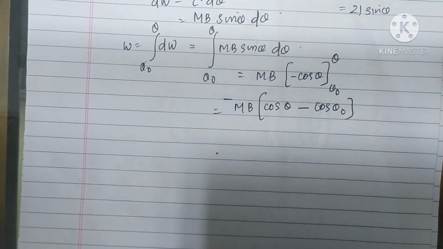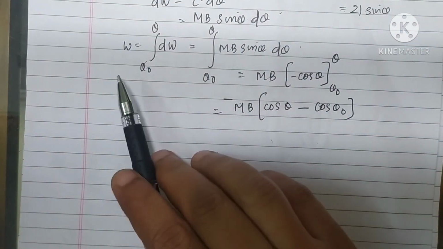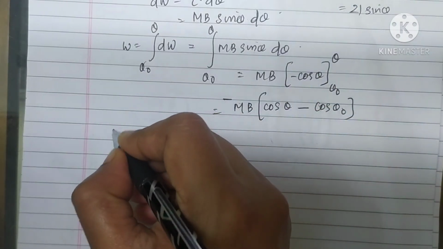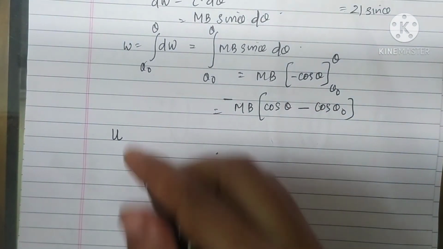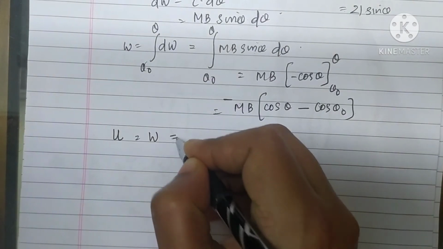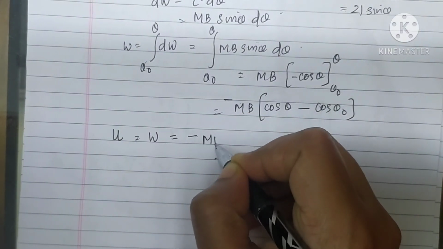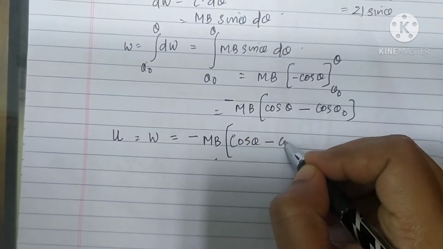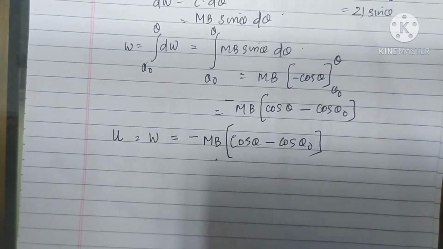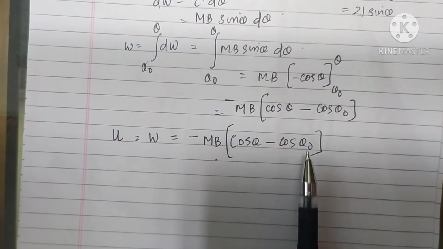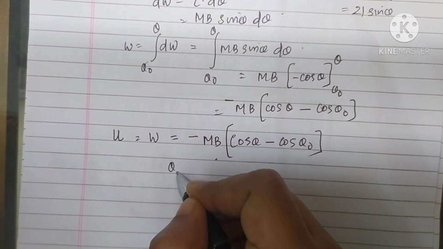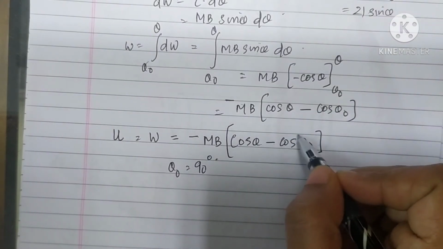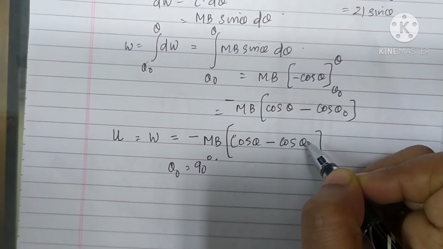Now potential energy is actually this work done. So potential energy, expressed by the letter U, is equal to W, which is equal to minus mB into cos theta minus cos theta naught. Clear? Now let us assume this value theta naught is equal to 90 degrees. Therefore, if theta naught equals 90 degrees, this term will get cancelled.